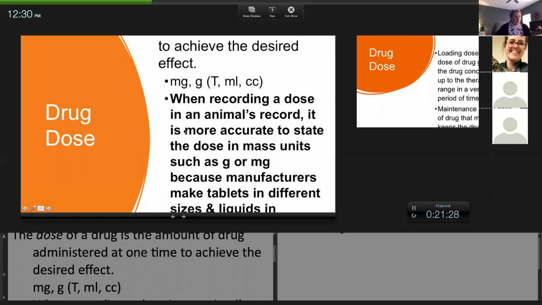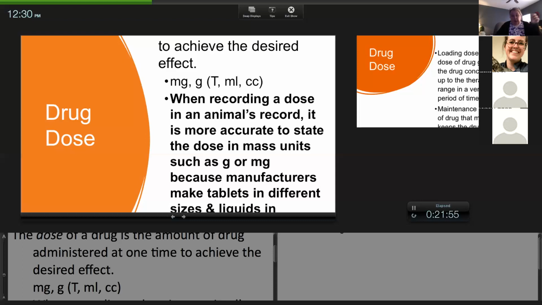Now, when you record a dose, for example, if I gave AJ, if AJ was at school, a drug, I wouldn't say one tablet of metronidazole, Metro one tab, because there are different strengths of that drug. I would say AJ 250 milligrams PO.